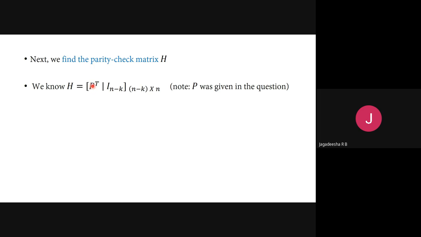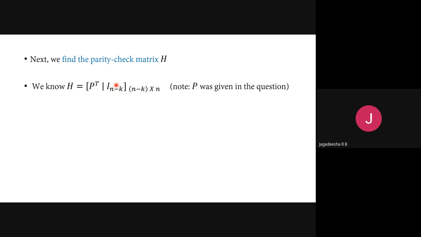Do you know what's the value of P? P was given in the question, if you remember. G was given in the question. G is equal to I and P, right? So from that, you can get the value of the P matrix. You just need to find out the transpose of that matrix. P is given in the question, so you find out P transpose, very simple.